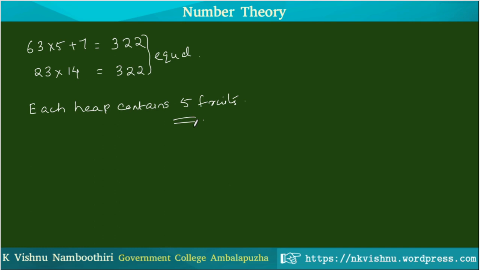Okay, of course we have already translated this into a linear Diophantine equation of the form 63x minus 23y equal to minus 7. Now we have one previous knowledge we already have.